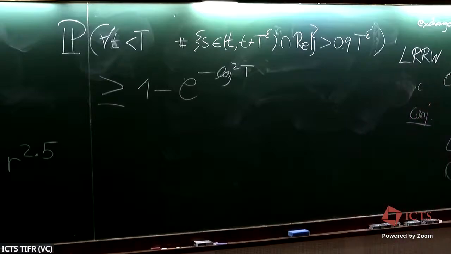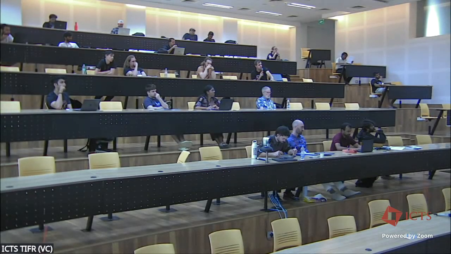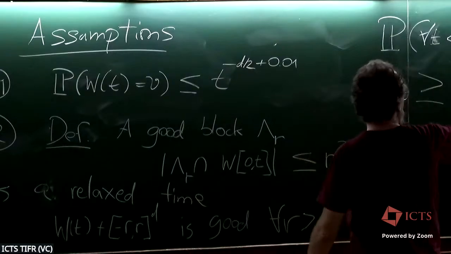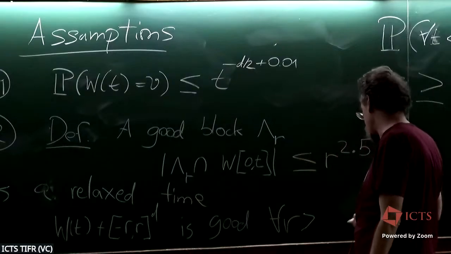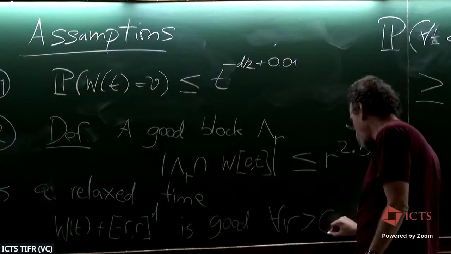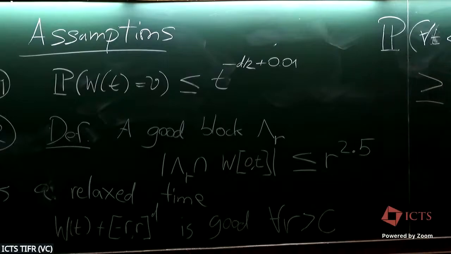Yes. I have a question. What if we take R equal to 1 or 2, something like this? Yeah, you're right. To get 90%, I should have asked R bigger than some constant. The constant is something like 10 or something like that.